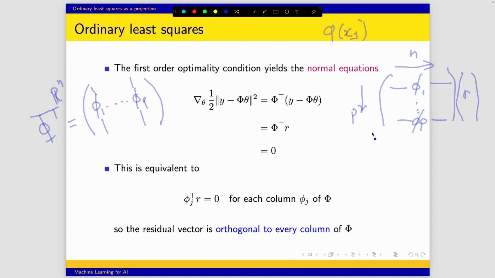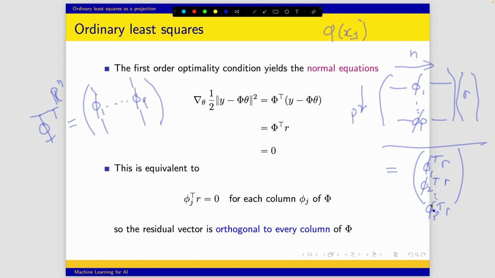Right? So what is this matrix multiplication? That's what we have here. Well, we're going to take the dot product of this with r. That will be the first component. So this is going to end up being phi 1 transpose r, and then phi 2 transpose r down to phi p transpose r.